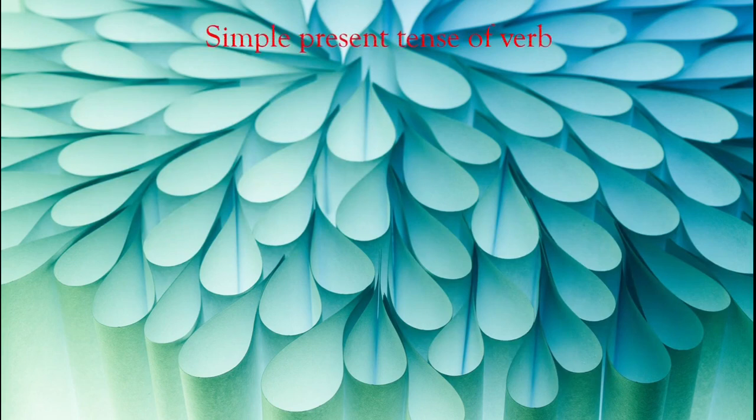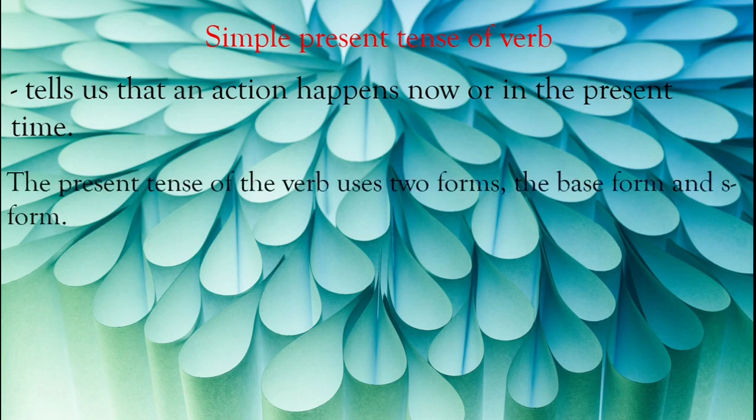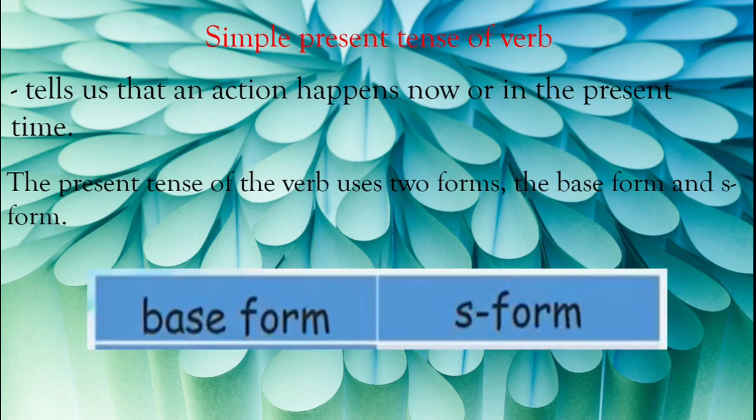Simple present tense of verb tells us that an action happens now or in the present time. The present tense of the verb uses two forms, the base form and the S form.